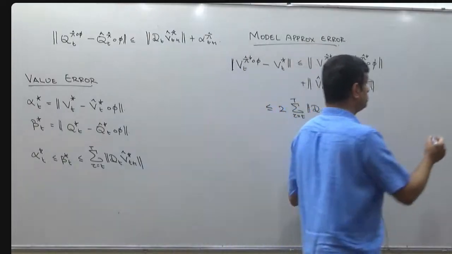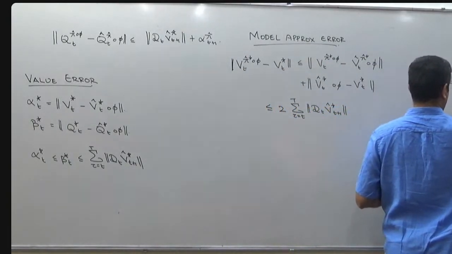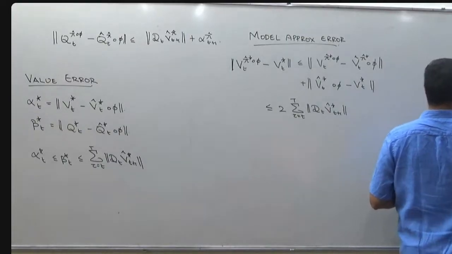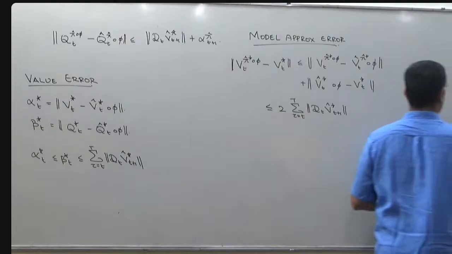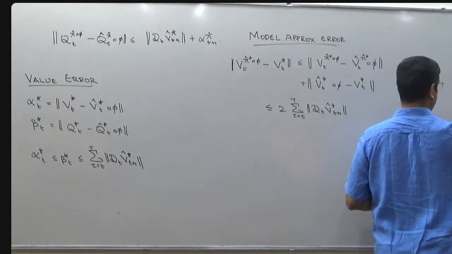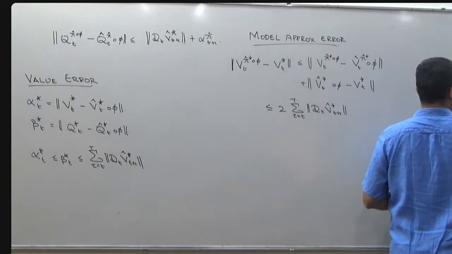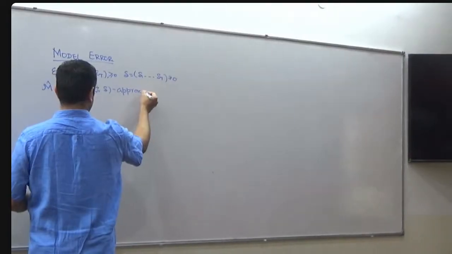So I'm going to say, given an epsilon and a delta, both greater than or equal to 0, m hat is an epsilon delta approximation of m.